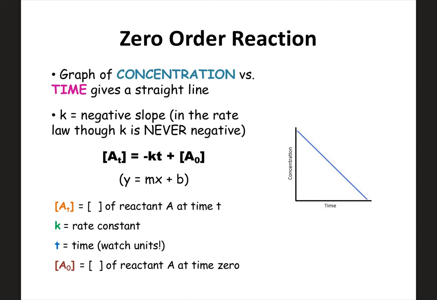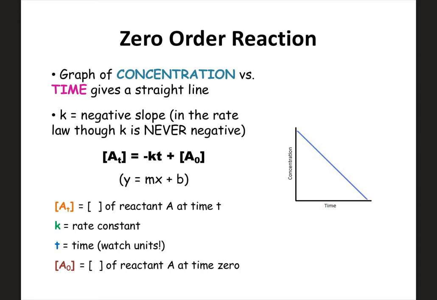If you wrote the equation of the line, y equals mx plus b, on the y-axis you would have your concentration at a particular time equal to negative k, times time, plus the concentration at time zero. Remember, k itself is not negative. It's just that the slope is negative here. B would be the concentration at time zero, so your y-intercept is essentially the concentration at time zero.